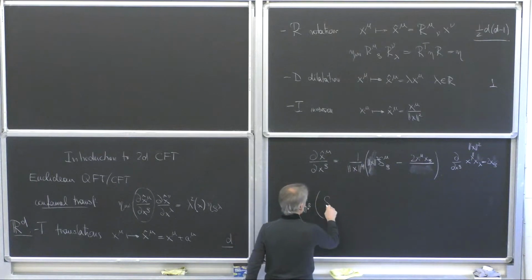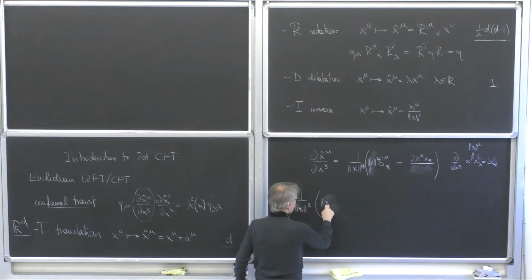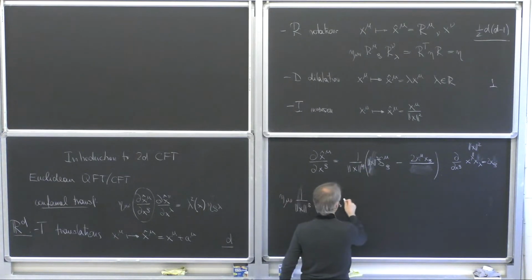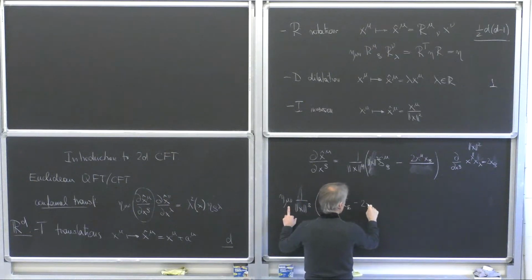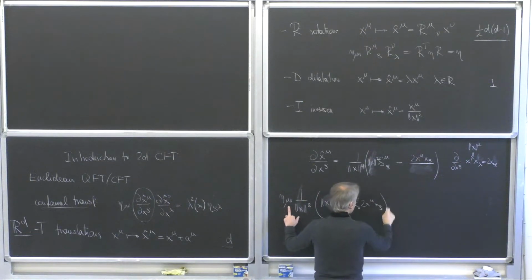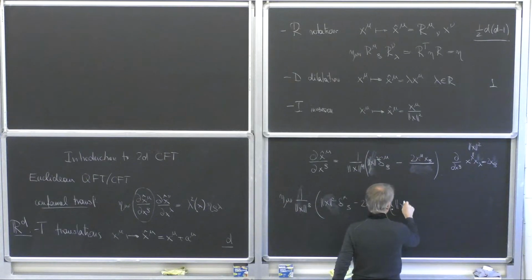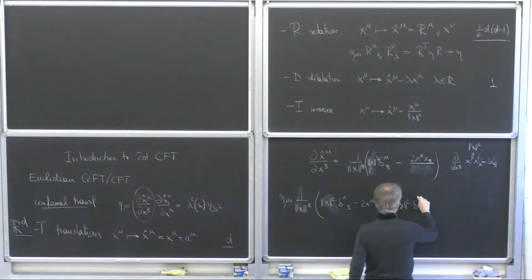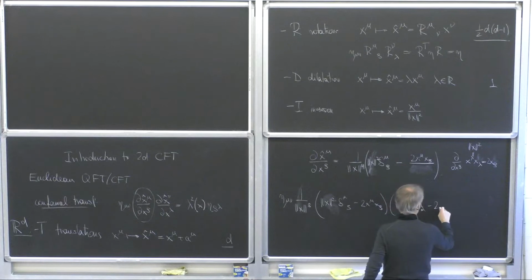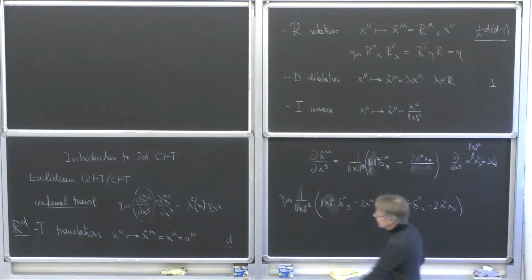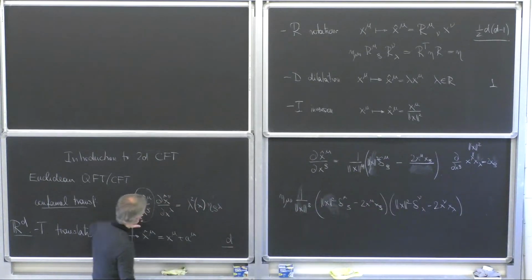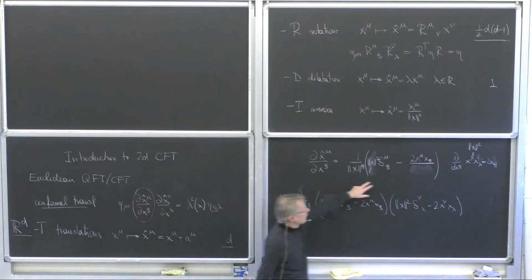Then I have δ^μ_ρ with a factor of x squared, minus 2 x^μ x_ρ, and then x squared δ^ν_λ minus 2 x^ν x_λ. This is just the left-hand side written out: η_μν, and for each factor I've plugged in this formula.